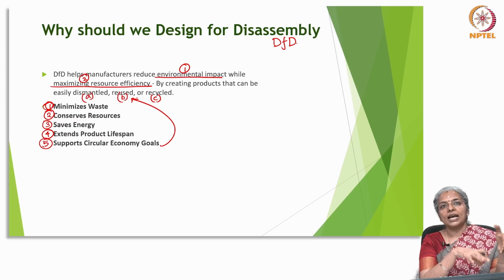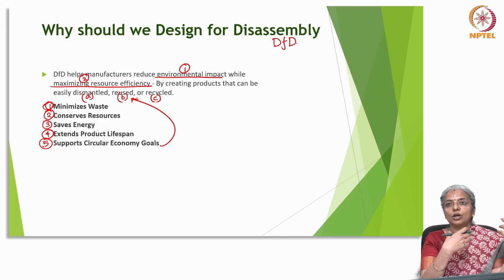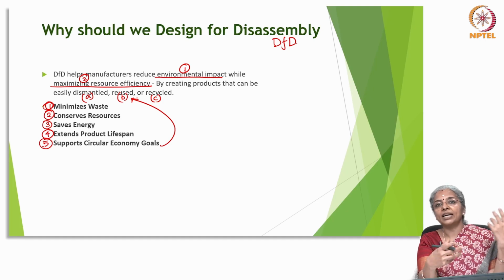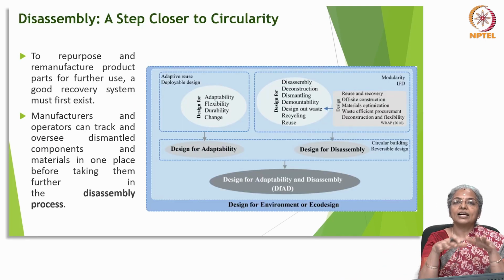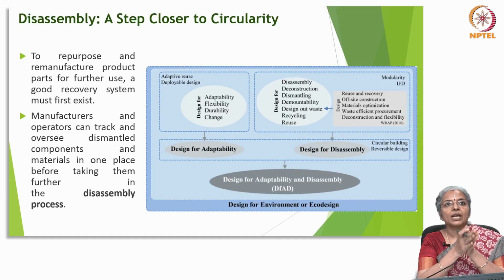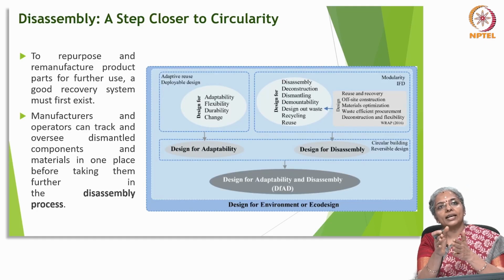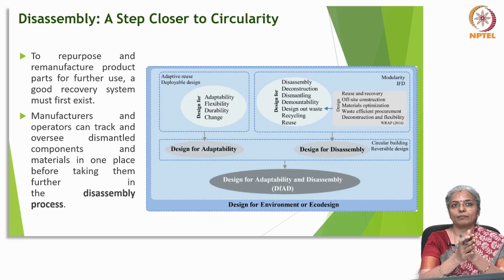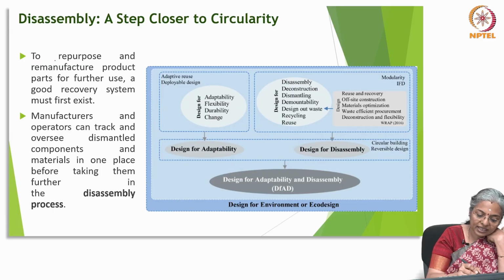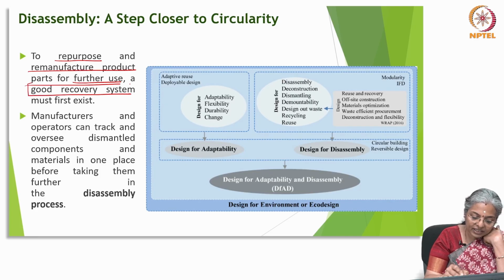If you notice, I have been seamlessly jumping back and forth on the concepts of adaptability and disassembly. So, are they related? Definitely yes. How are they related? Because both are a step closer to circularity. In order to repurpose and remanufacture a product for further use, we need a good recovery system.